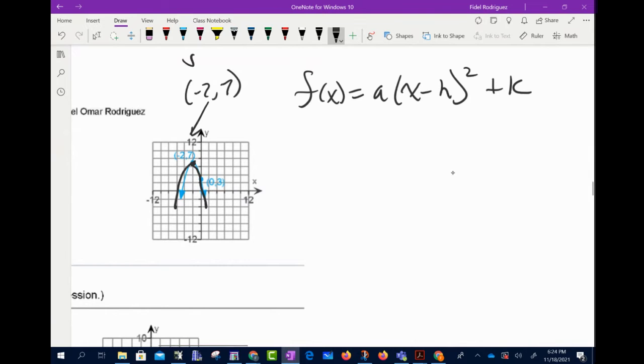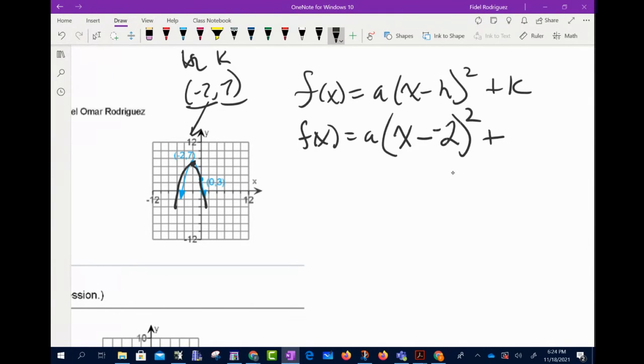Look, here's my vertex. This is my h and that's my k. So we're going to go f of x equals a times x minus, and h is a -2, squared plus k, which is 7.